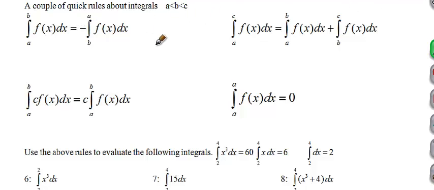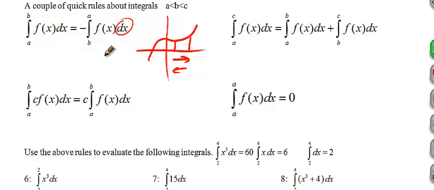So what that looks like, let's say you've got a graph here, and you've got some area under your curve from A to B. Well, if you're going from left to right, we expect it to be a positive area. But if you go from right to left, you're going to end up doing your dx at the end of these things. And dx is really your change in x.